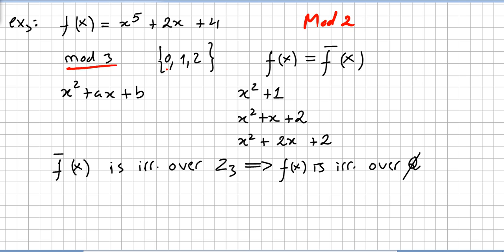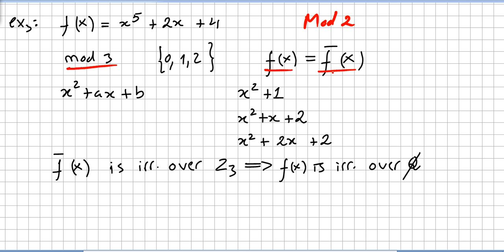We have these elements 0, 1 and 2, and we want to find f of x that is equal to f bar of x. If we put 0 or 1 or 2, we are not getting zeros, so there are no linear factors here.